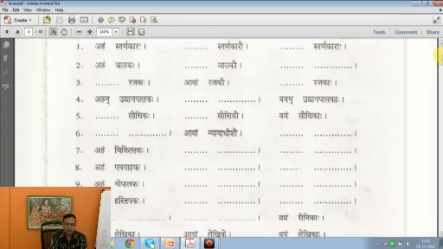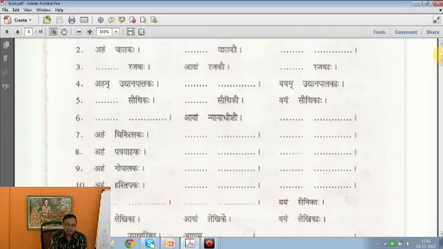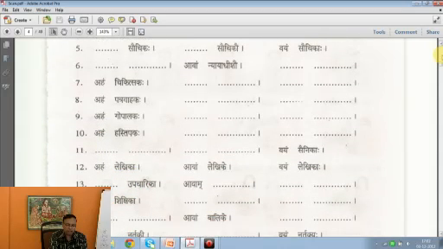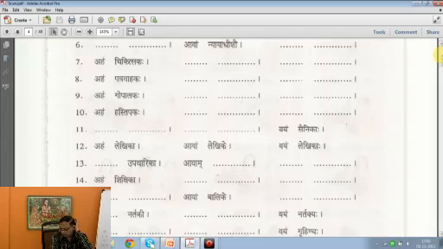Vayam gopalakaha. Aham hastipakaha. Hastipakaha, already noted, na? Mahout, elephant rider. Avam hastipakau. Vayam hastipakaha. Up to here we had the nouns in masculine gender, pullinga shabdas.